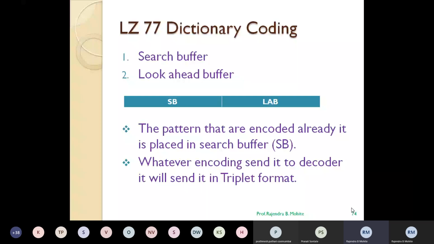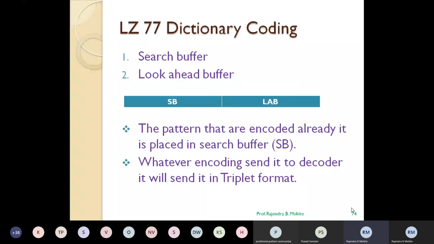Just keep in mind that the SB consists of the patterns that are already encoded. The patterns that are already encoded are placed in the search buffer, while the patterns that are used for the encoding process are placed in the look ahead buffer.